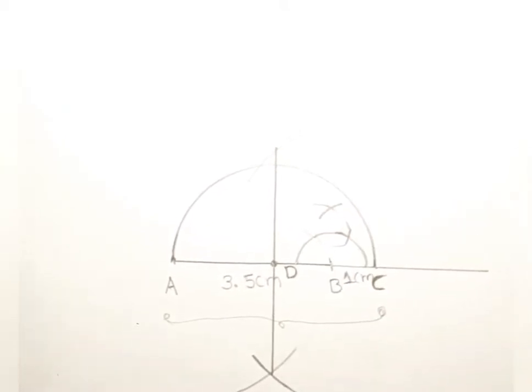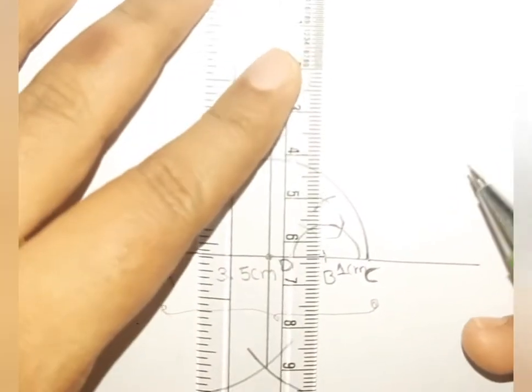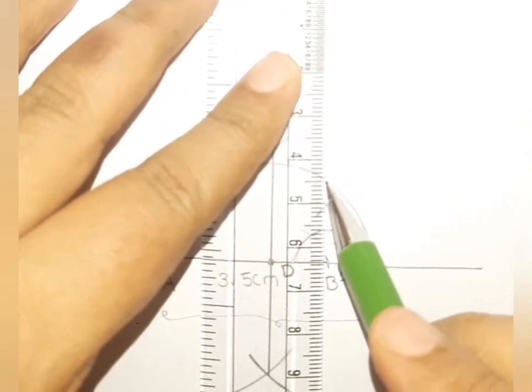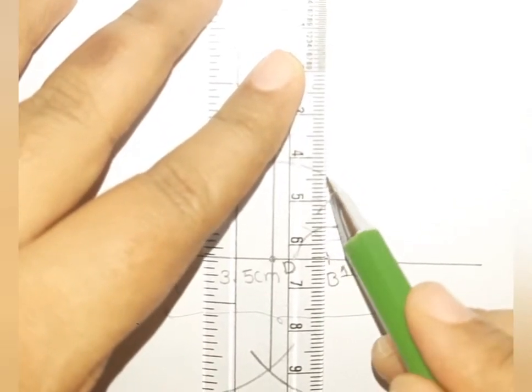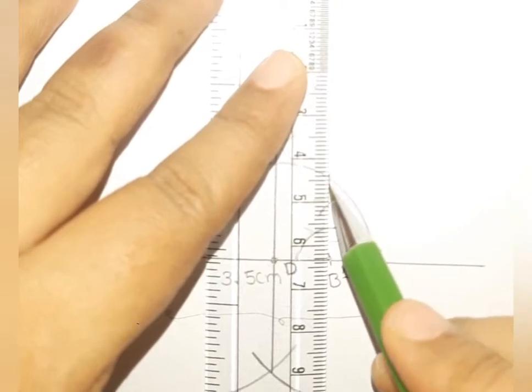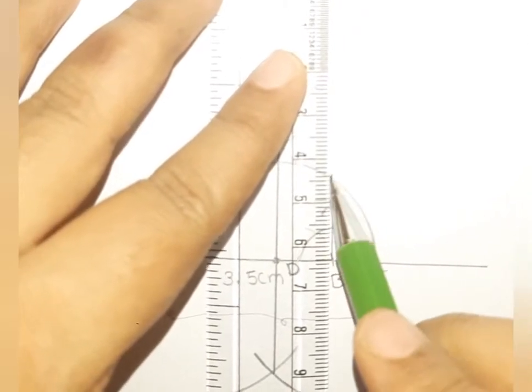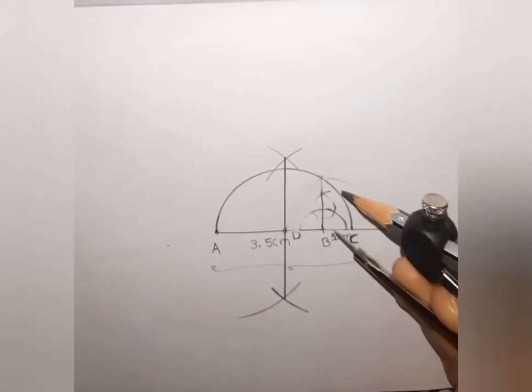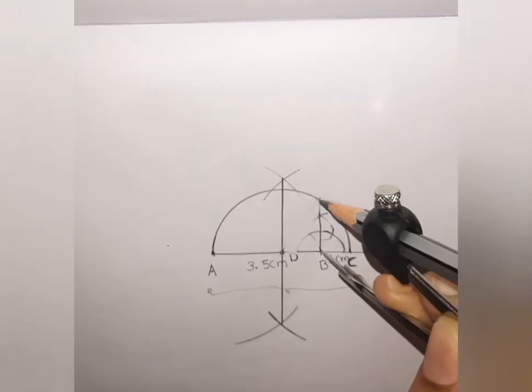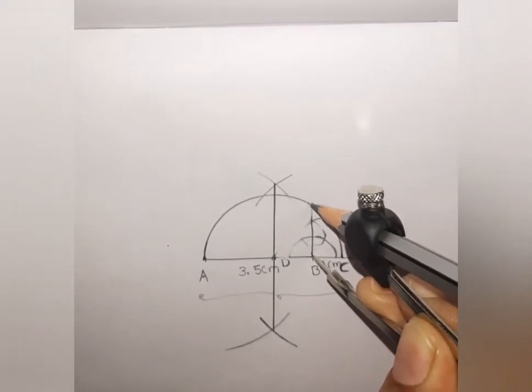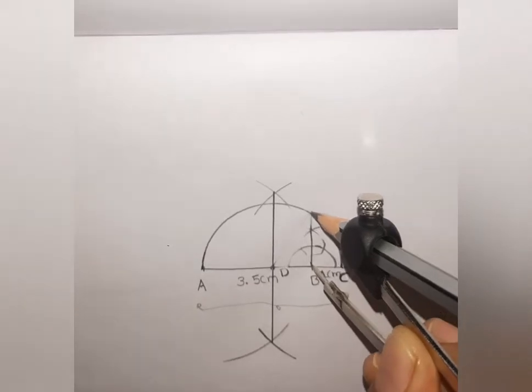Okay, now take your scale and pencil and draw a straight line which will meet the intersecting arcs and the B point. Keep the pointer at B. Take the length of your bisector.